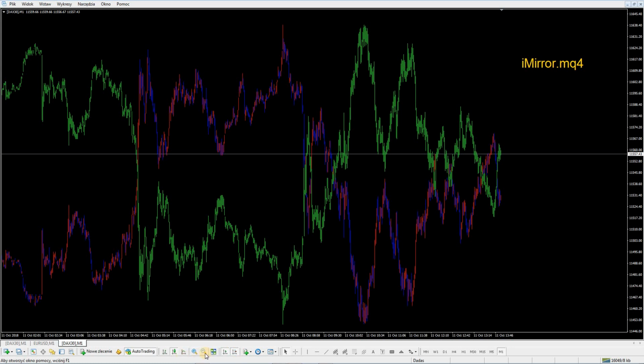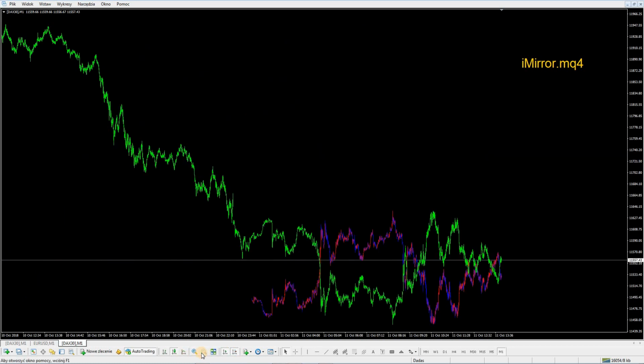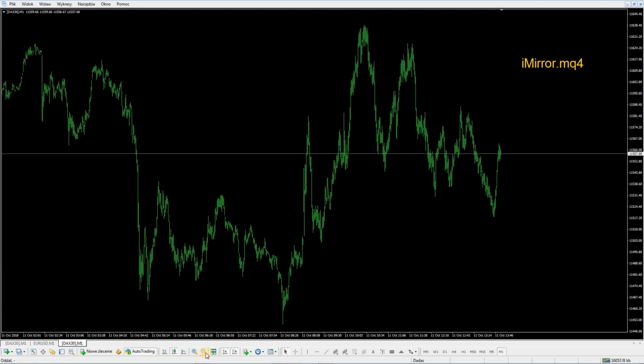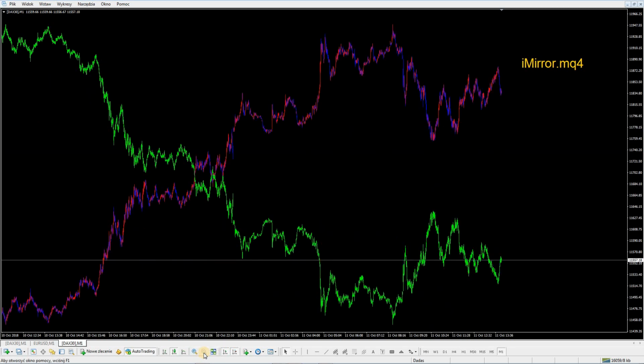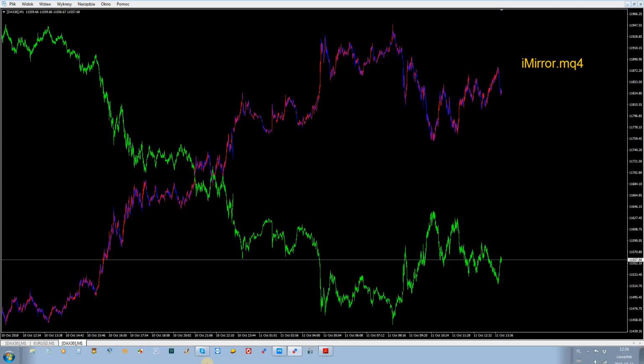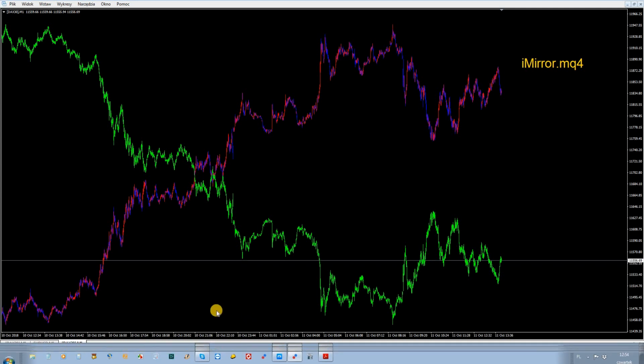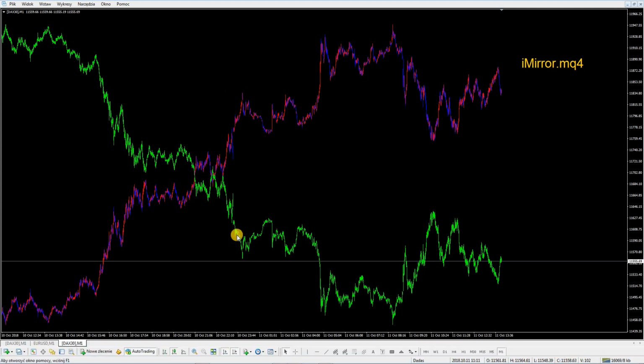So in other words, here, this is the maximum zoom out, and the context changes again, right? Because using the mirror charts, we would have to think right now that in this view, the price is going up.